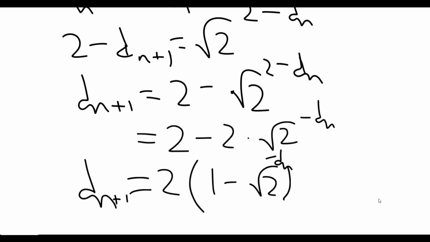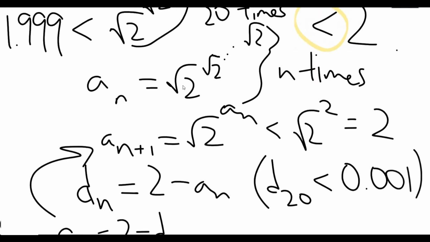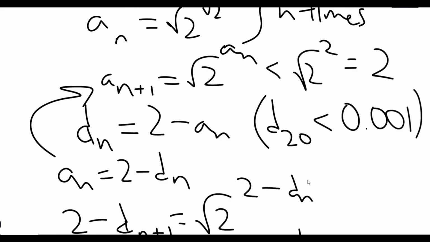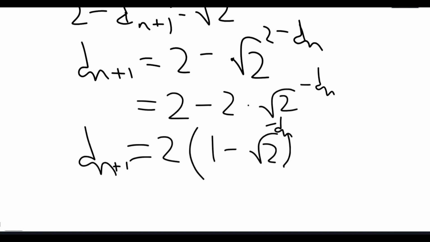Now, the nice thing is that d_n is going to be small. Even d_1, that's the difference between the first term and 2. The first term is root 2, so 2 minus root 2, that's about 0.6. So these terms are all going to be at most around 0.6.